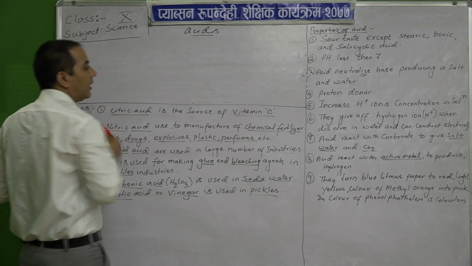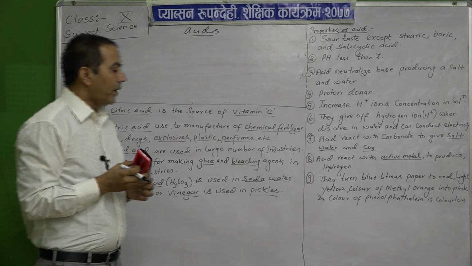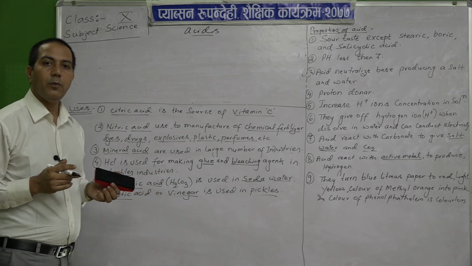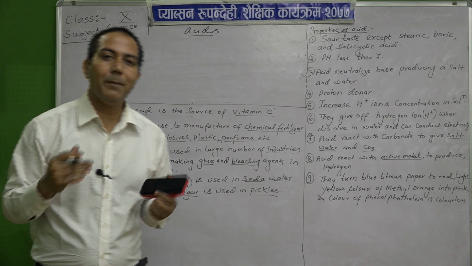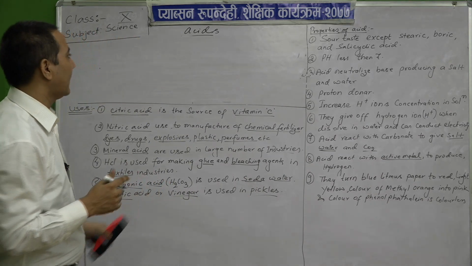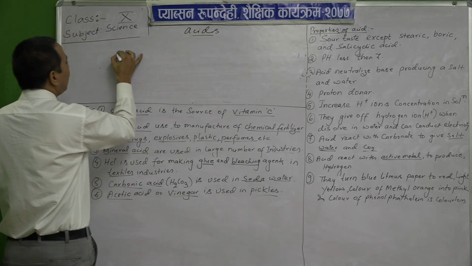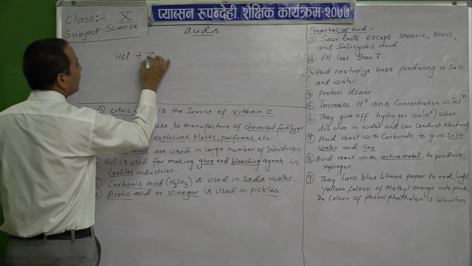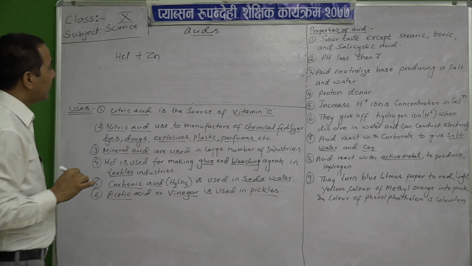Now, let us go to another property. When acid reacts with metal, what happens? Let us take one example. HCl reacts with metal, let us take Zn. Then what happens?